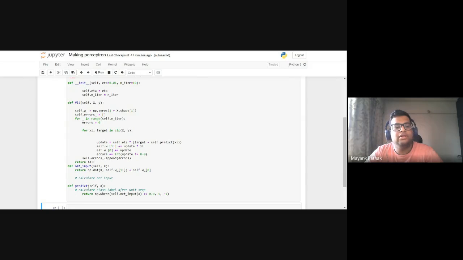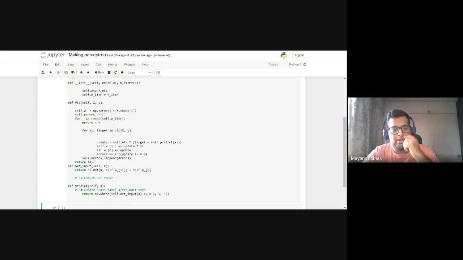If we look at the fitting method, it takes self, the object, X, capital X, which is the input, and y, which is the target value. X is an array which has samples and features, and y is the target value, and this function returns a class object that we have created.